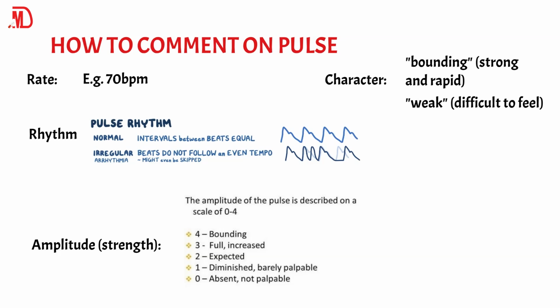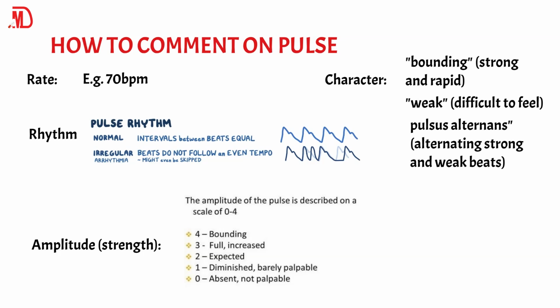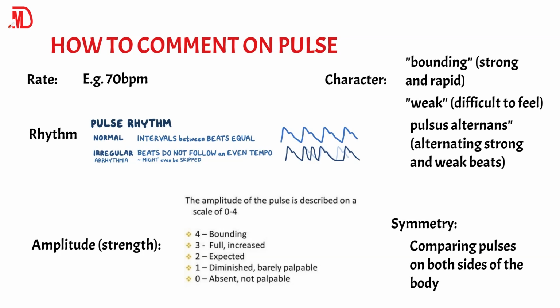And then we have what is called pulsus alternans, which means alternating strong and weak beats. As simple as that. Then the last way of commenting on pulse is symmetry. Over here, you compare the pulses on both sides of the body to check for equality.